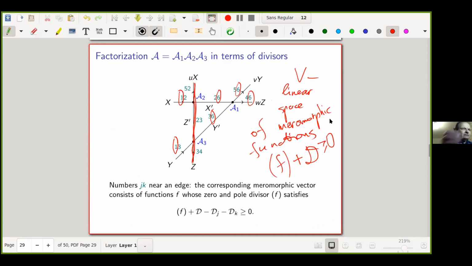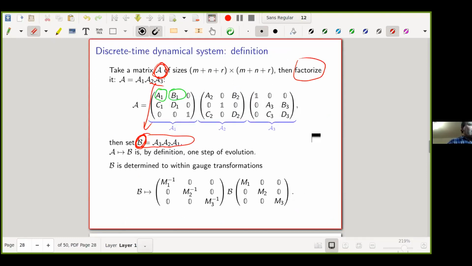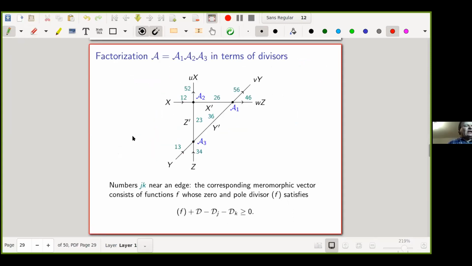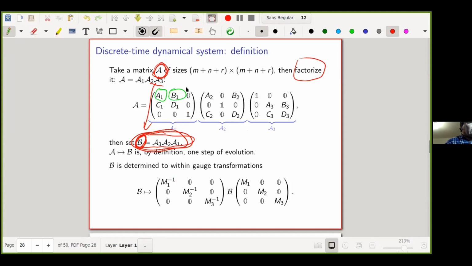Okay, now there is something more. Something more happens when you actually reverse this order, like this, because looking at this picture, we can say something about separate matrices A3, A1, and A2.